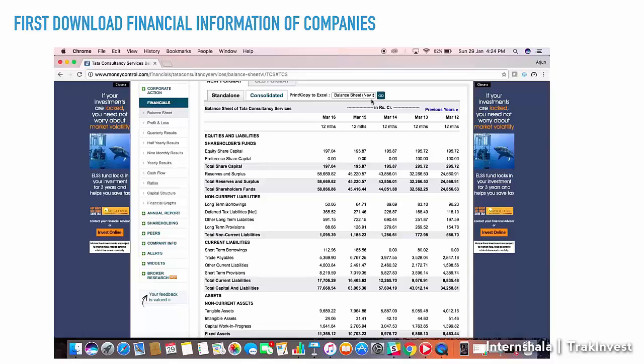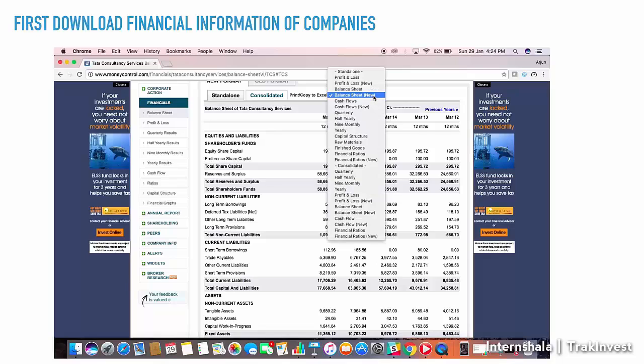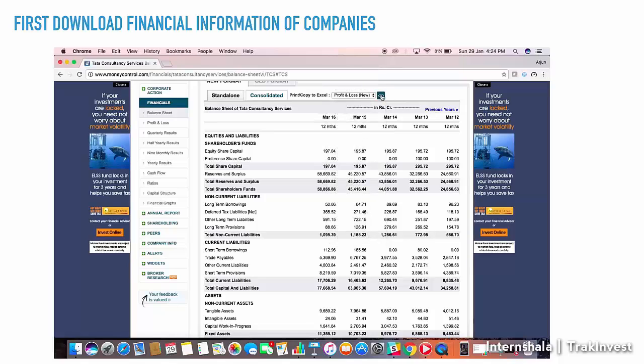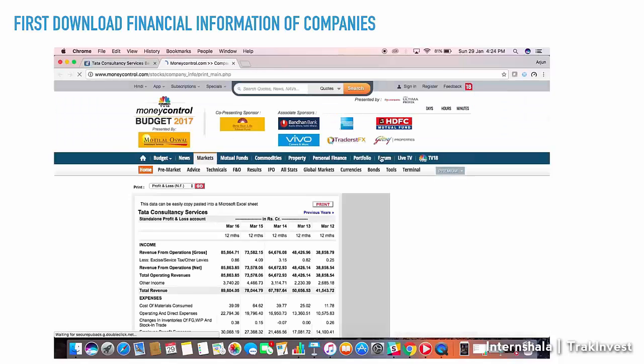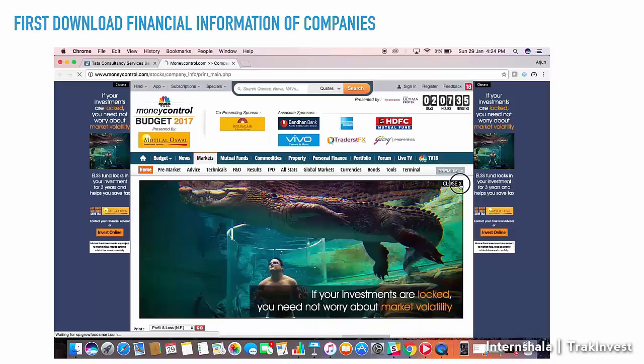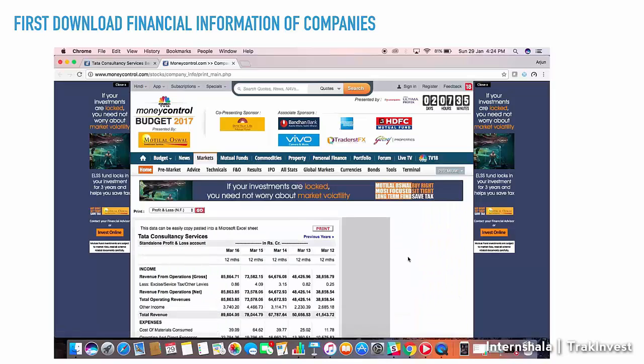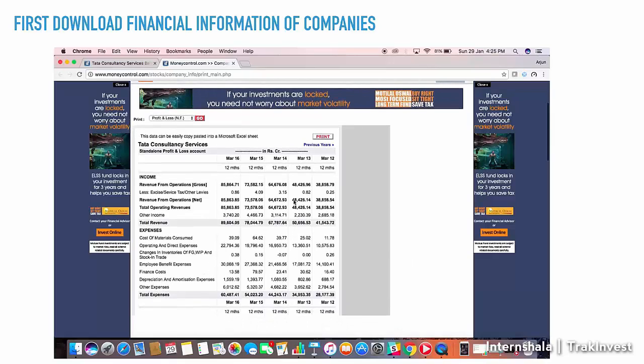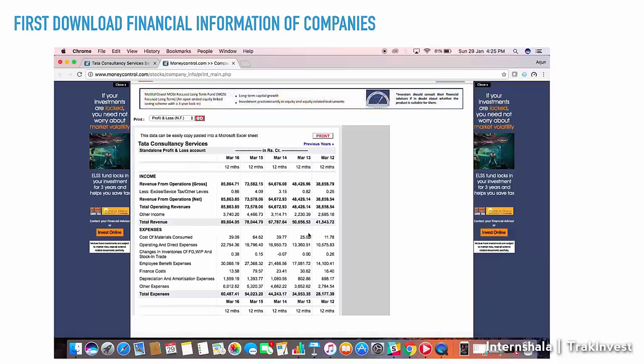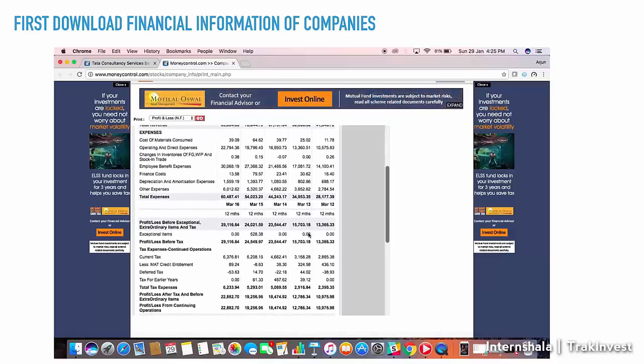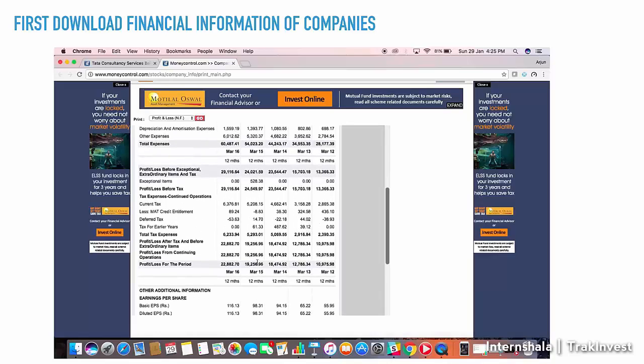Now, let's look at another sheet that we need, which is the profit and loss statement. In this way, we can also get the profit and loss statement for TCS, from where we'll pick up certain numbers as well. Again, you can see there are 5 years available, and as you scroll down, all the profit and loss data is available for TCS.